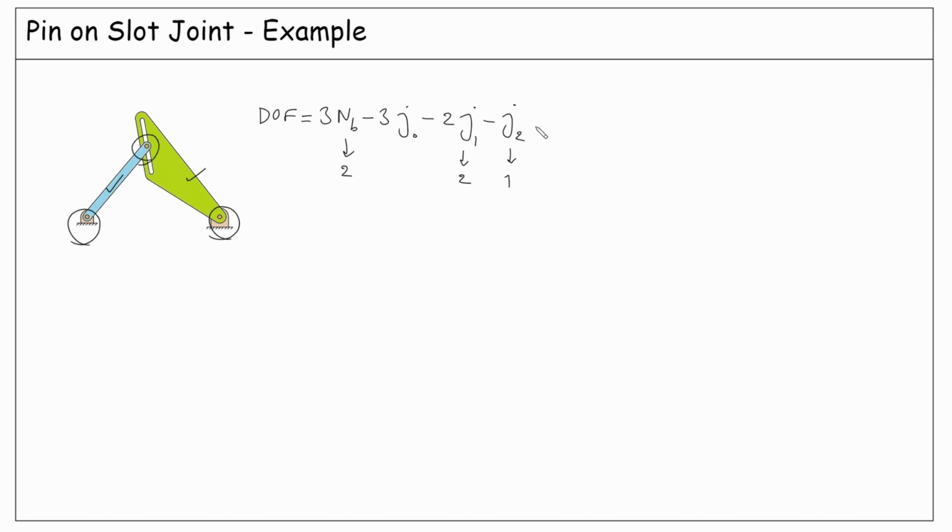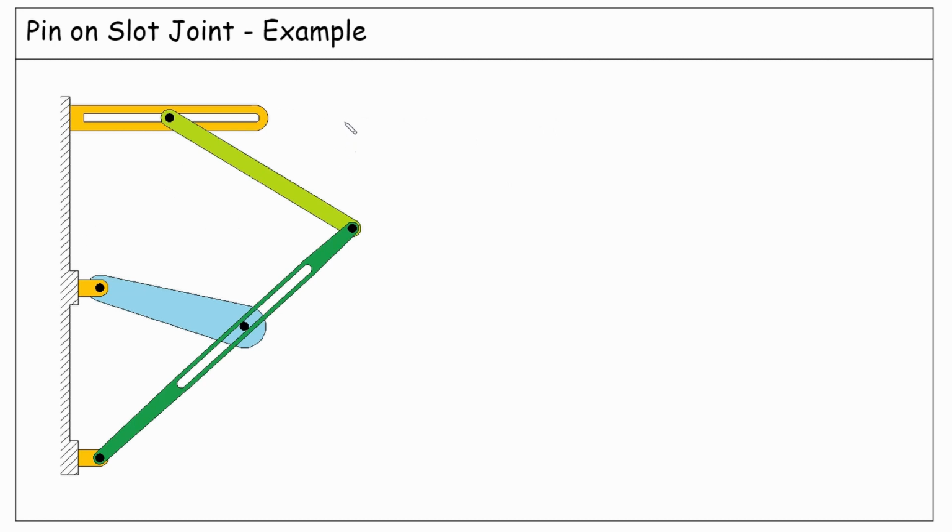So the degrees of freedom is 1. In this second example, the degrees of freedom is 3 times 3 bodies, minus 2 times 3 pins, minus 1 times 2 pin on slot joints. So the degrees of freedom is again 1.